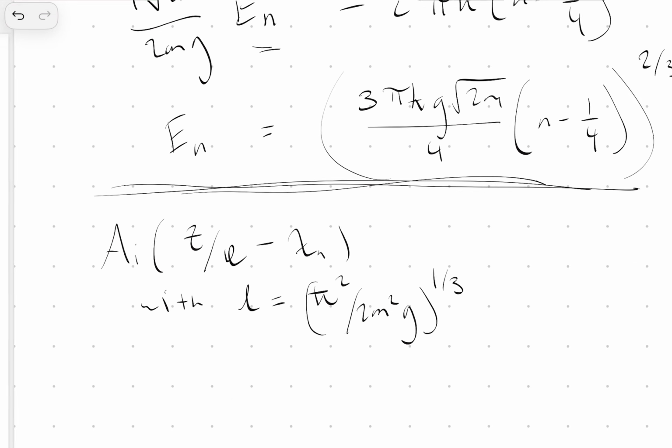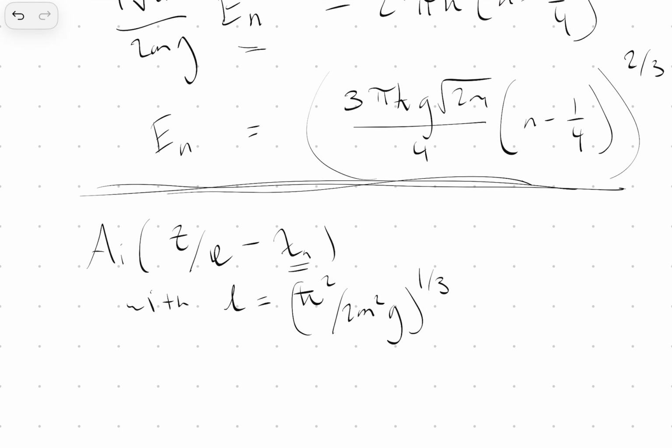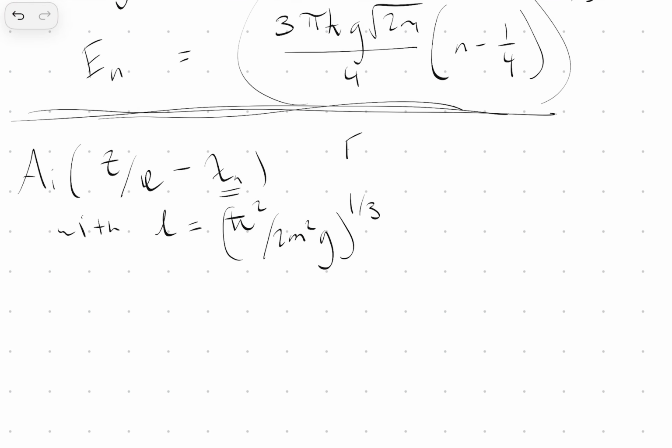All these eigenvalues come from the zeros of the Airy function, which would be En is equal to lambda n mgL.